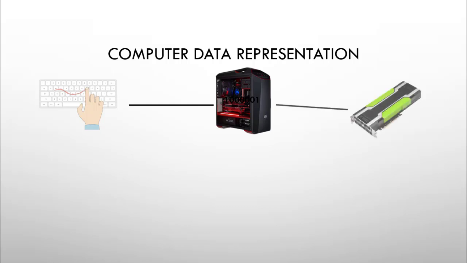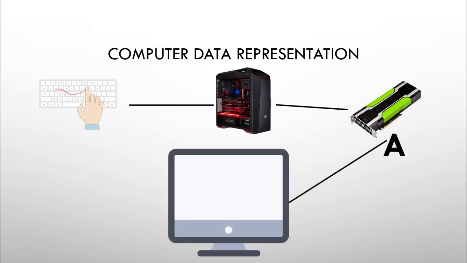And then this binary value is sent to, in this case, the video memory. In the video memory, it will identify that this code is representing the letter A. Then it will take this symbol A and display it on your monitor.